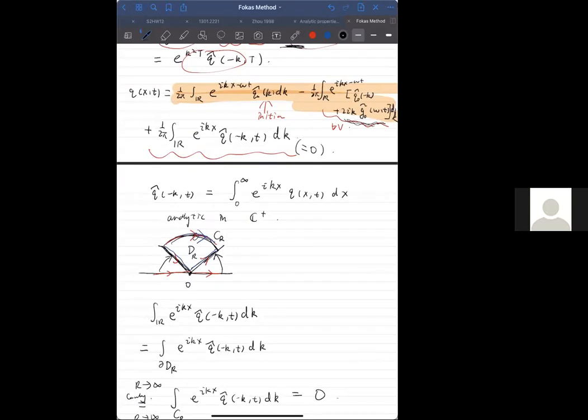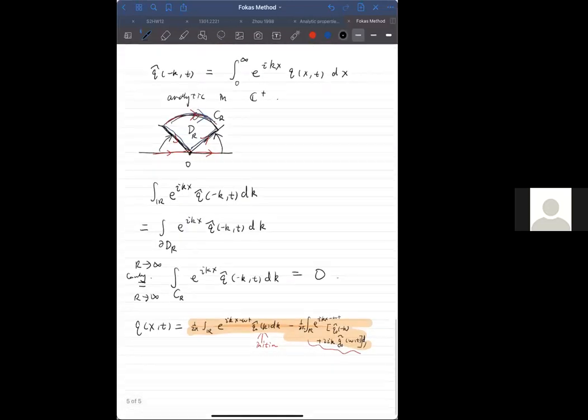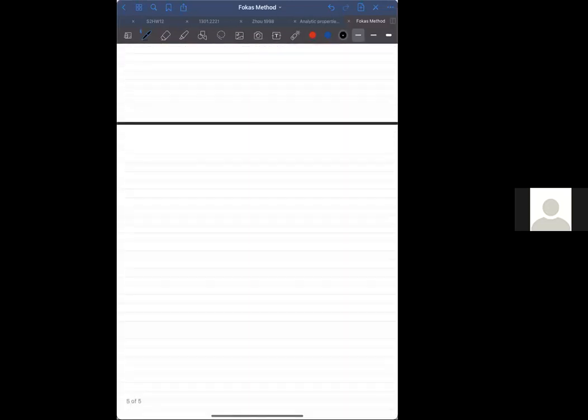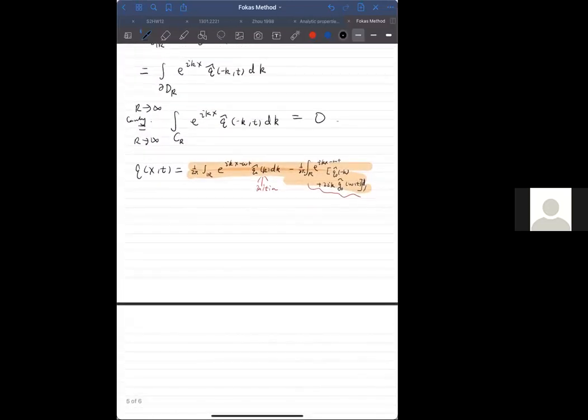I'm reading so many papers in complex analysis, and I think the authors didn't tell you the essential part, the key you have to go through. I understand pretty clearly today the Fokas method.